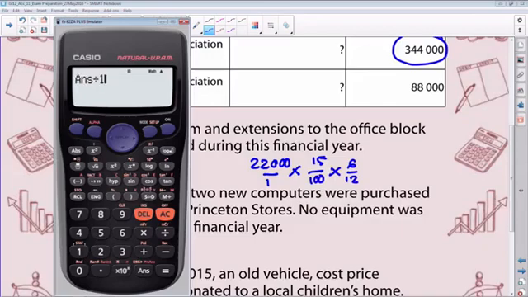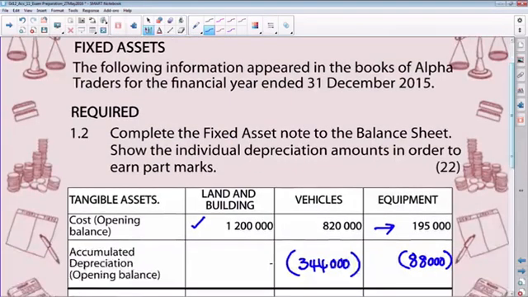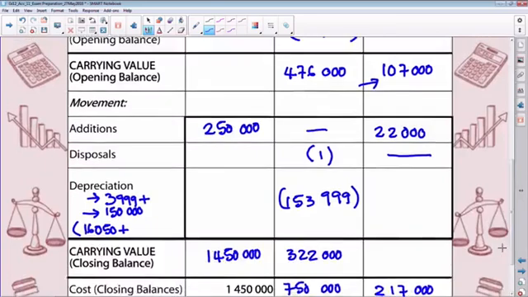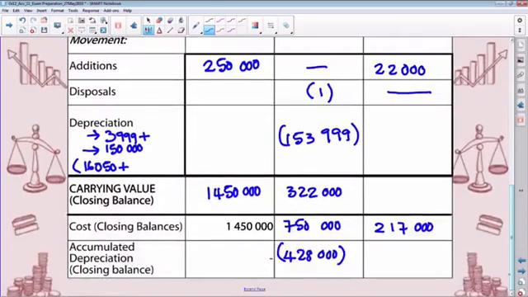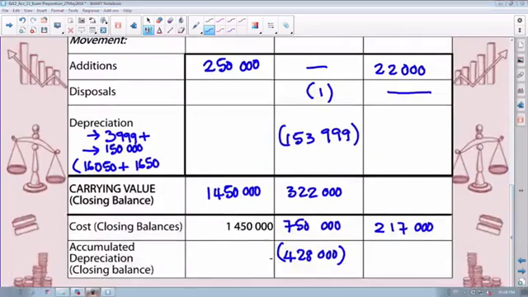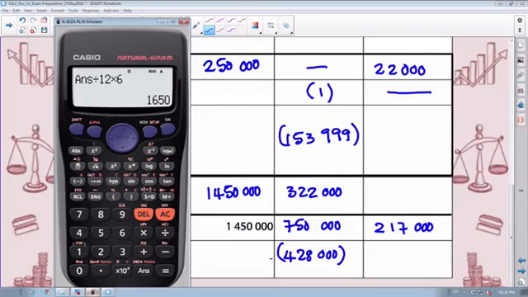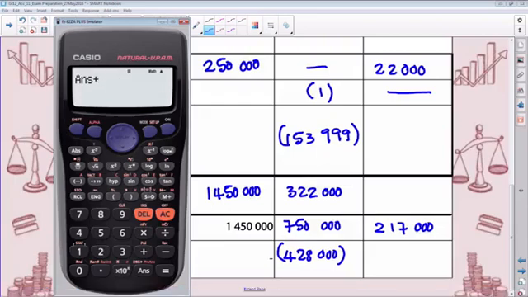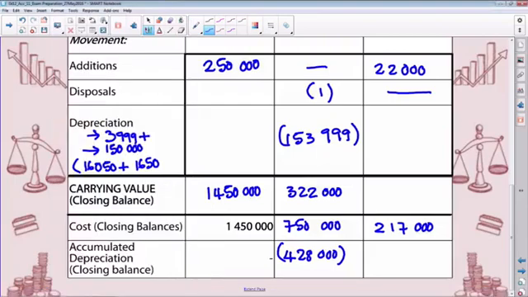Divide by 12 times 6, half the year, would give me a figure of 1,650. Immediately you can see, bring in your depreciation figure here of 1,650. Add the two components together. That means your 1,650 plus the other amount for depreciation was 16,050.